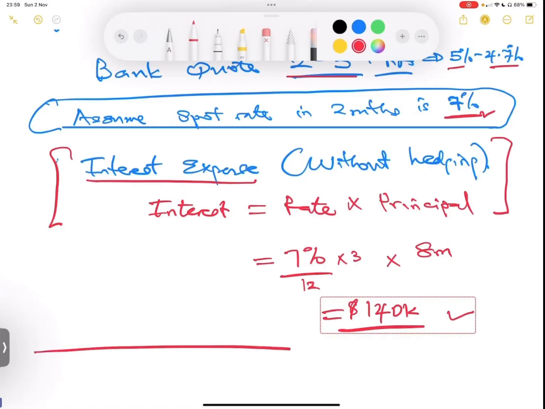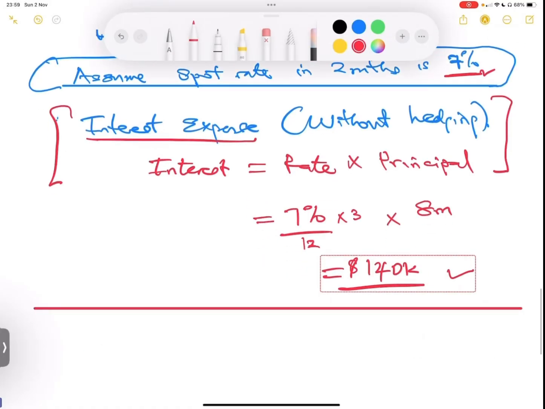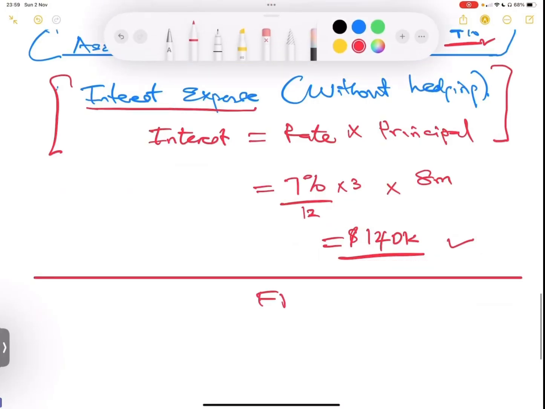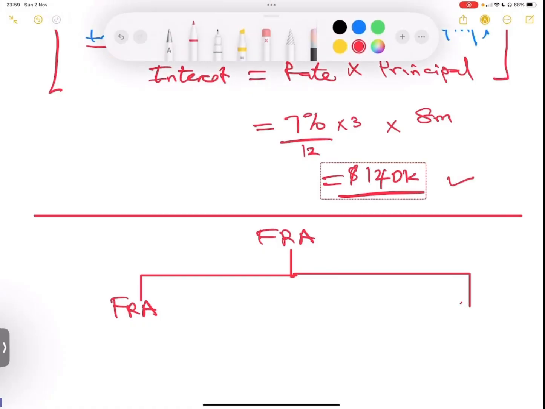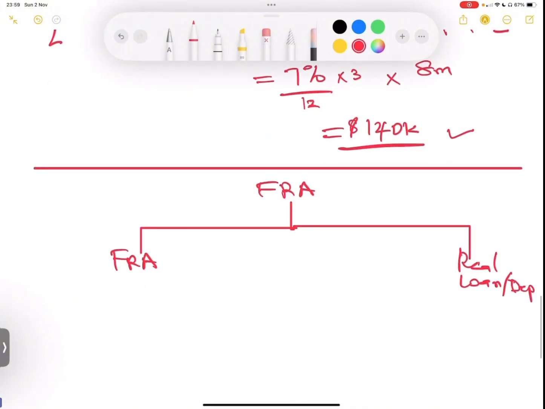Now, let's go into FRA. If you decide to use FRA, I told you that you must always remember that there will be the FRA transaction itself and there will be the real loan or deposit. So in a normal FRA, you have your FRA, you have the real loan or deposit, either one.